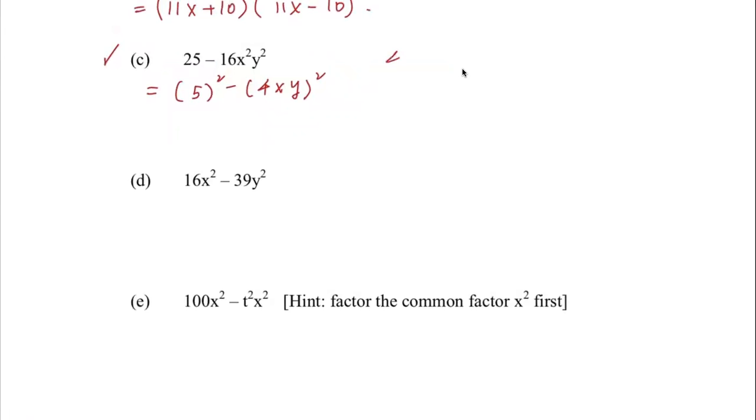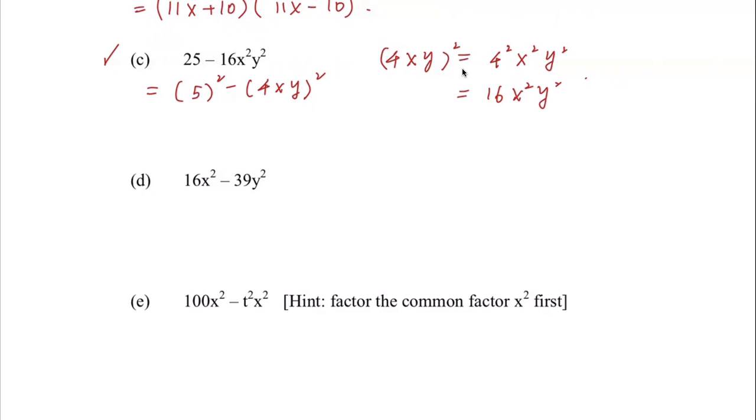Because 4xy squared is equal to 4 squared times x squared times y squared, which is equal to 16x squared y squared. Okay, this is a basic property of exponents.